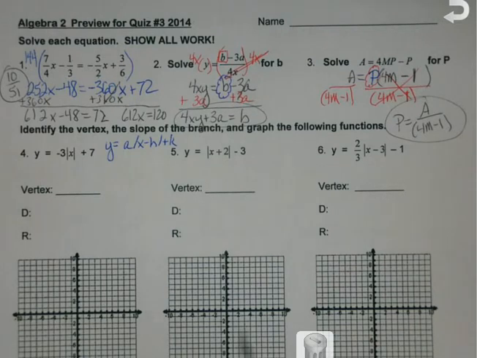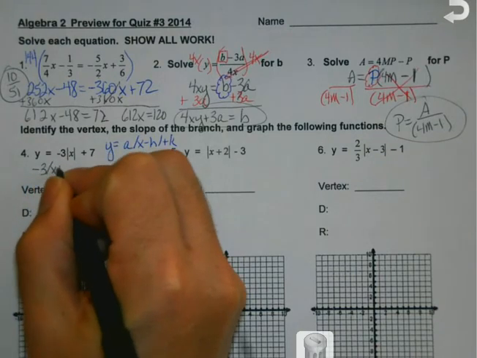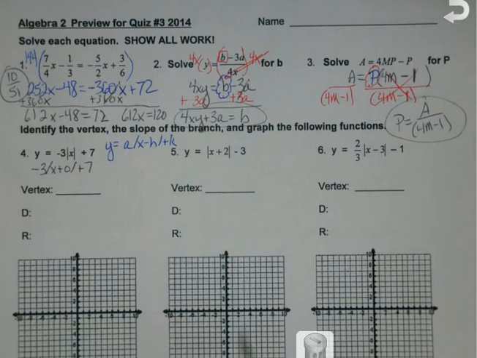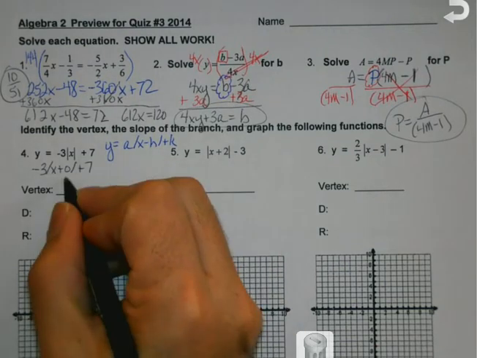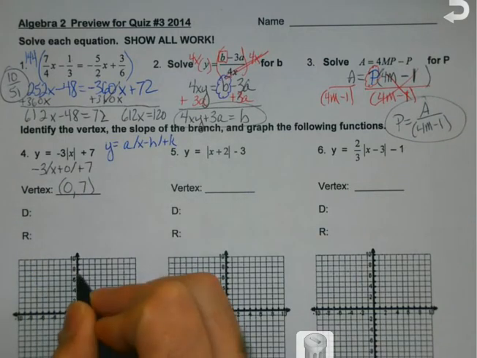So for instance, on number 4, if I want to look at it in the completely worked out form, that would look like this. So my vertex, I can't have negative 0, so it would be at 0, 7. That would be where my first point goes.